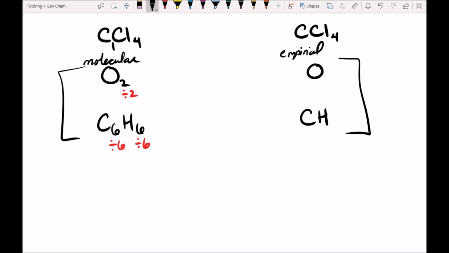CH is the empirical formula for many hydrocarbons, but in this case, the molecular formula indicates that we're looking specifically at benzene. So the molecular formula provides a lot more information, so it's preferable to have if possible, but the empirical formula simplifies all the subscripts down as far as possible.